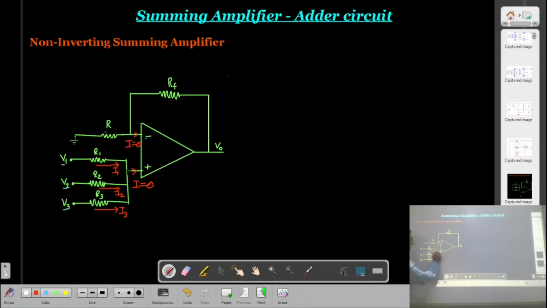Now here, due to this current we have some potential. Let us say the potential is VA. Now due to this virtual ground, whatever the potential is at point A, the same potential will be at point B, that is VB. VA and VB both are the same. Remember, first of all we will calculate the potential VA, and then we can calculate the output voltage.